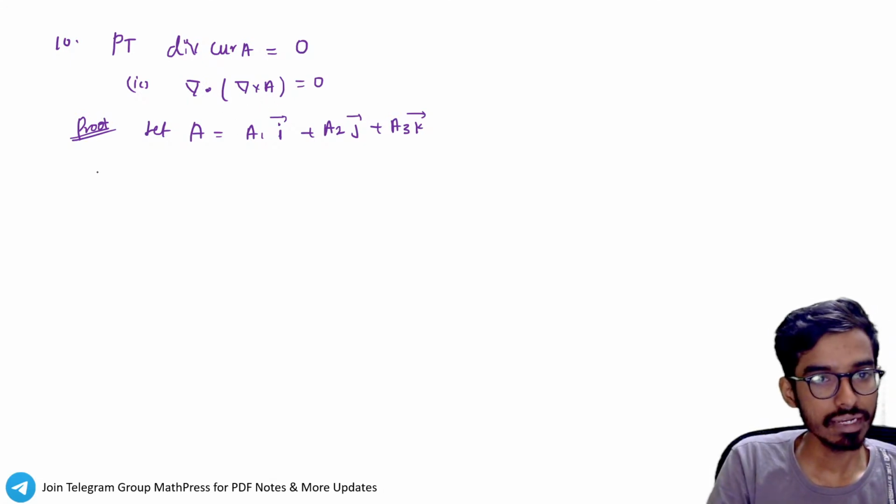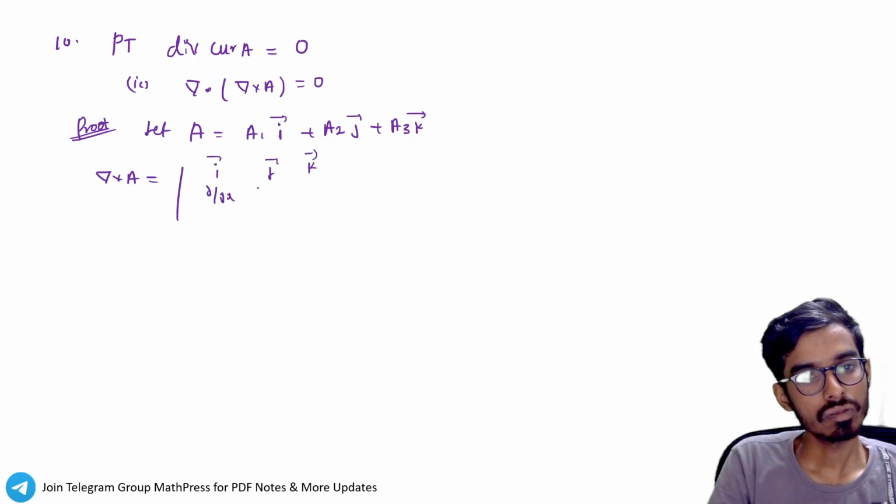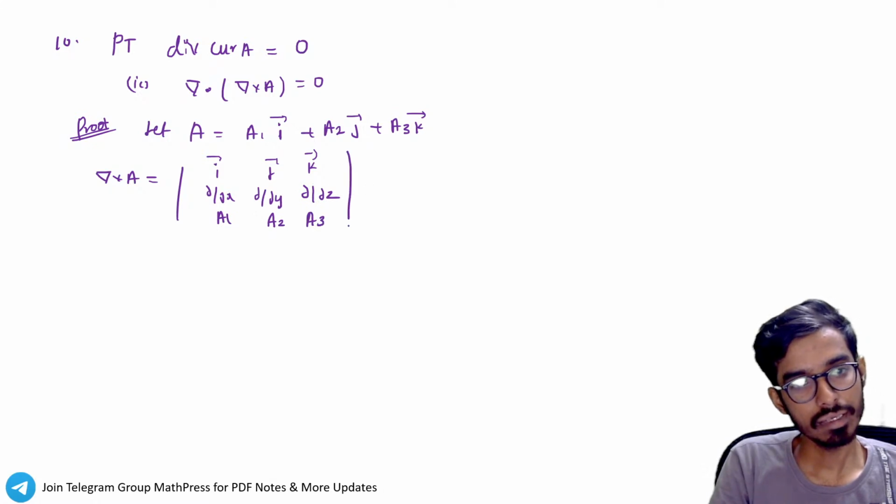Now first we'll find del cross A. Del cross A will be the determinant with rows i, j, k; ∂/∂x, ∂/∂y, ∂/∂z; A1, A2, A3.